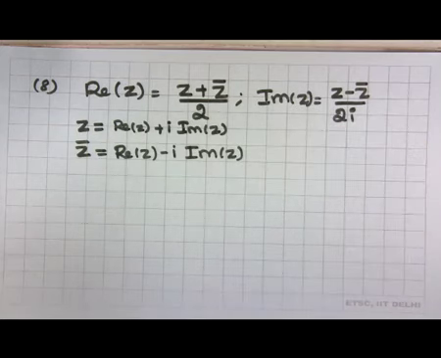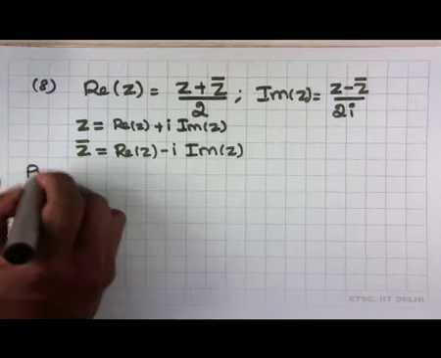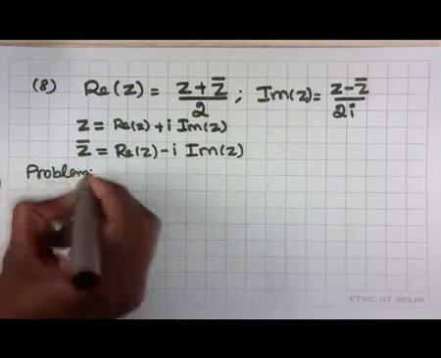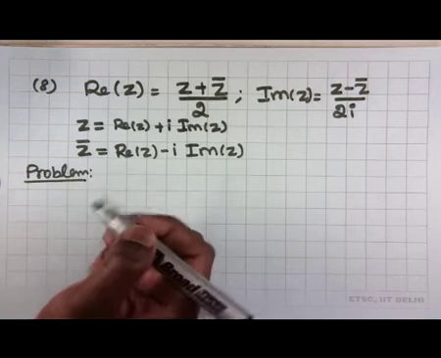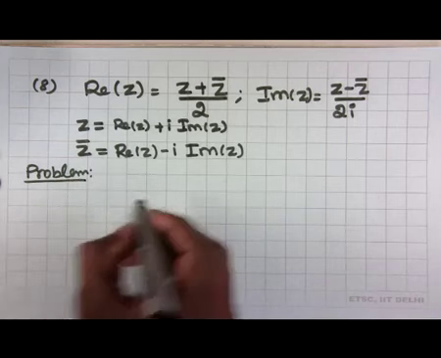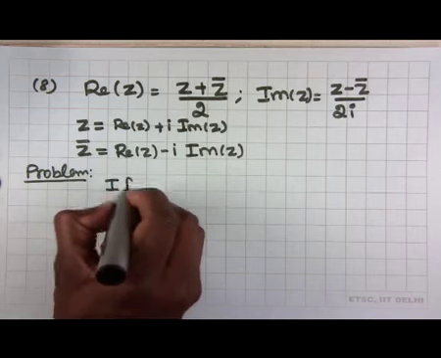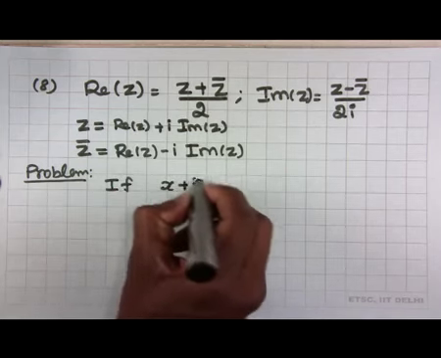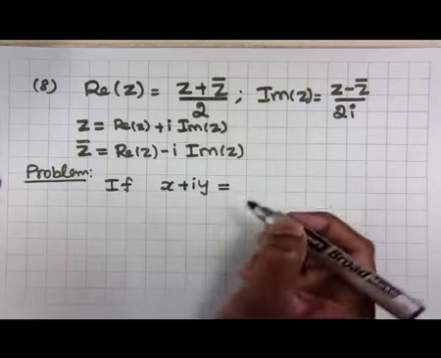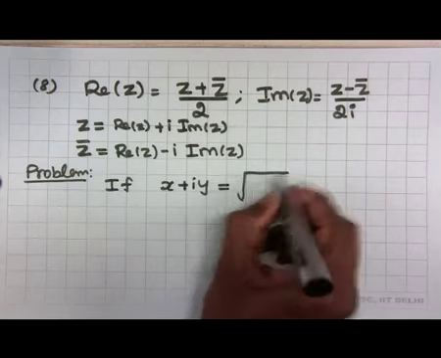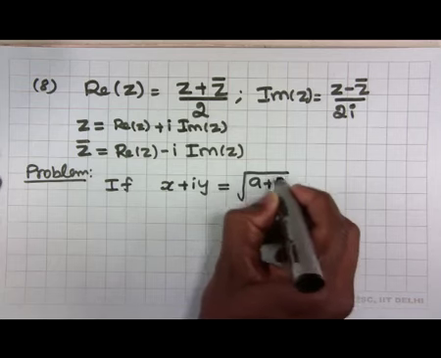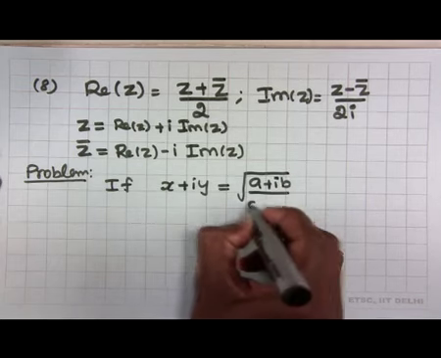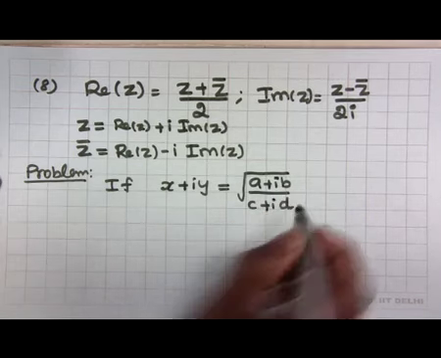Let us do a simple problem. The complex number x plus i y satisfies this equation, that is, it is the square root of a plus i b divided by c plus i d.